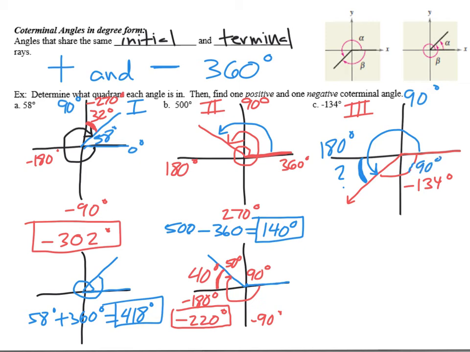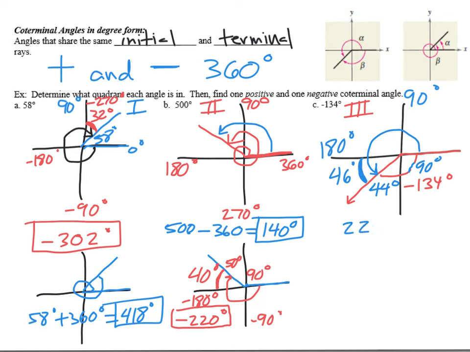I went 90 degrees here, but then in terms of going past 90 degrees, I had to go another 44. Which means right here, I've got another 46, because those 2 parts of quadrant 3 have to add up to 90. So 180 plus 46, there's your positive.